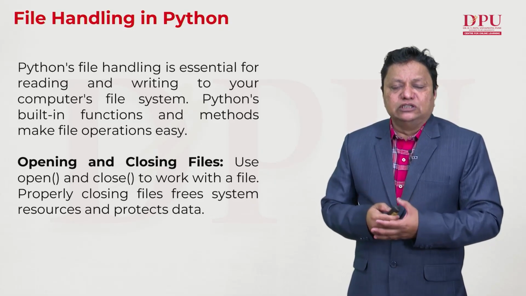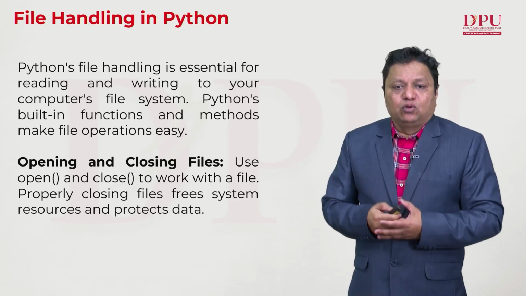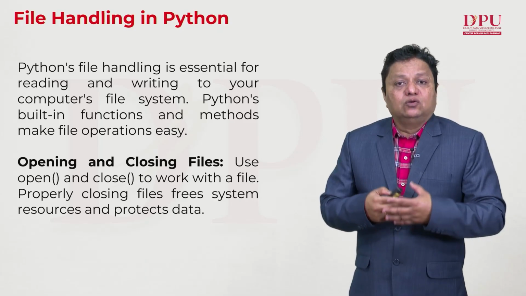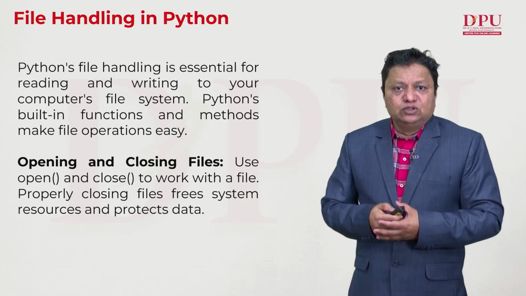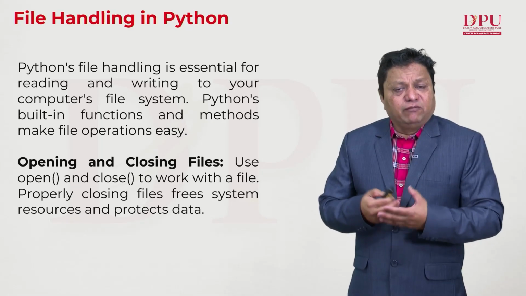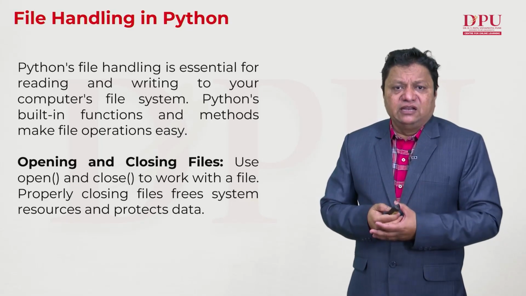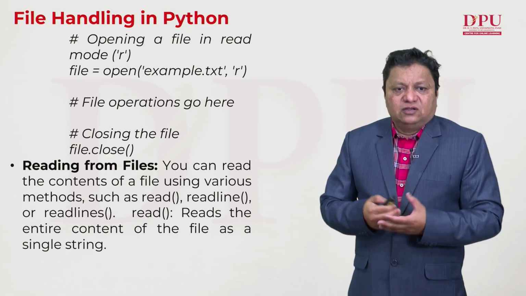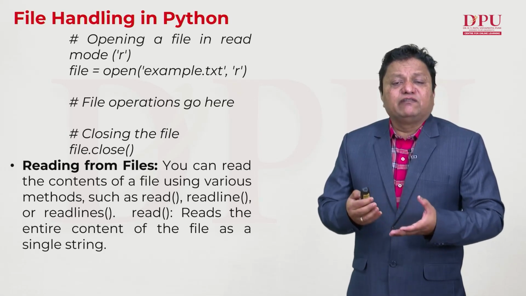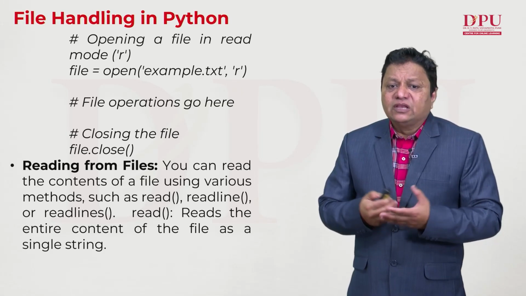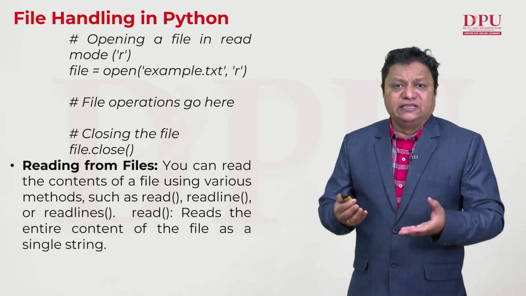Opening and closing of files: how to open and how to close files. Use the open function and the close function to work with a file. If you want to open a file, we have to use open and provide the required parameters, and if you want to close a file, you can simply call the close function. So this is the syntax: file is equal to the open function, specify the file name and specify the mode.